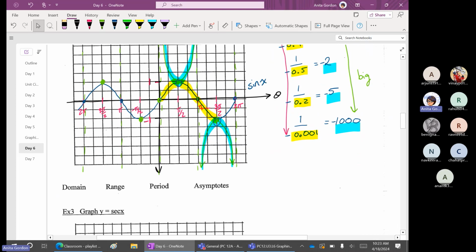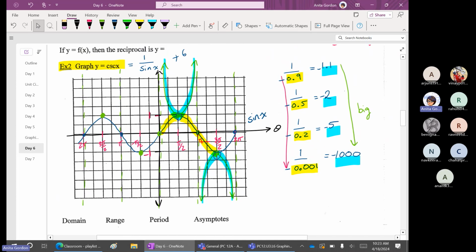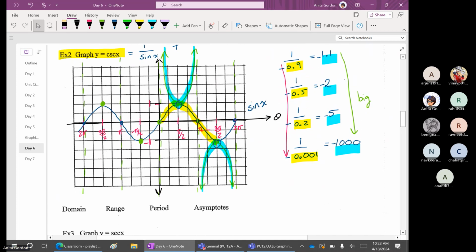Okay, domain. What is the domain of this? How would we write this? How can I write it? Greater than 0, less than pi. Range. This one has a range restriction too.